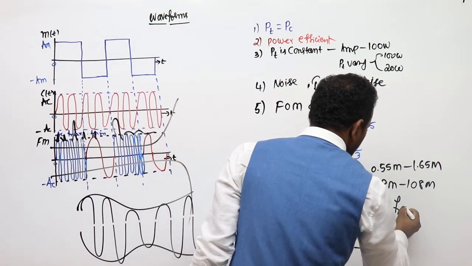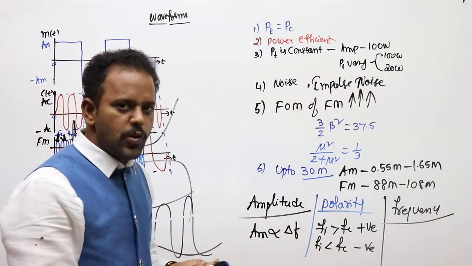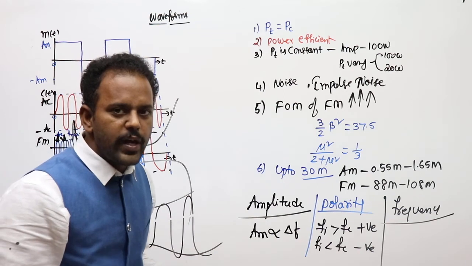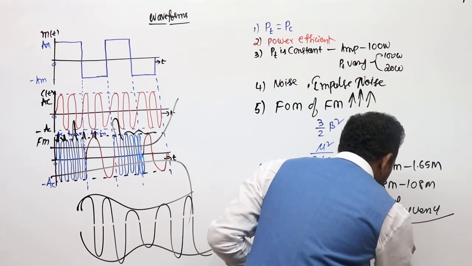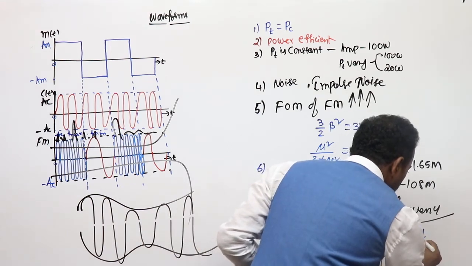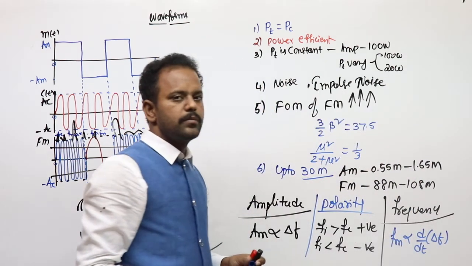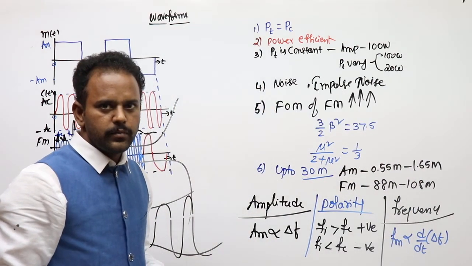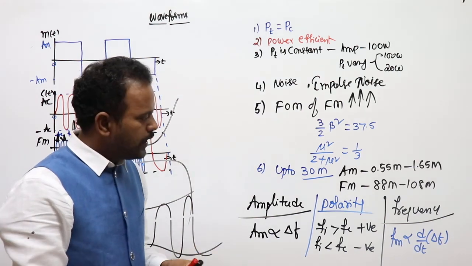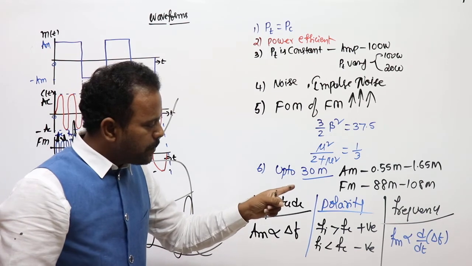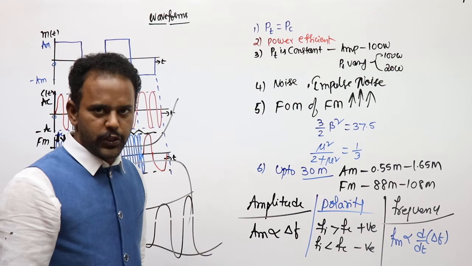Next is frequency. Where is the frequency stored? Frequency is stored in the rate of deviation of delta F. So Fm is directly proportional to d by dt of delta F. Are you following my point or not? So the rate of deviation depends upon the frequency, and the deviation depends upon amplitude.